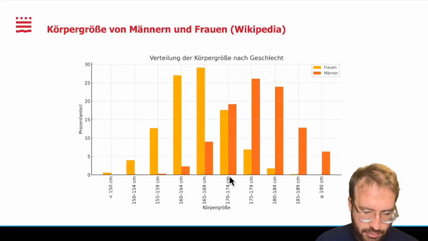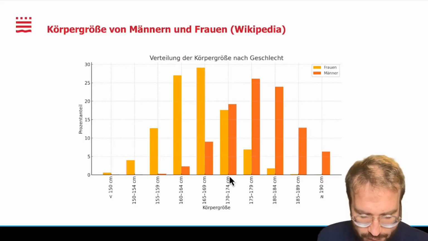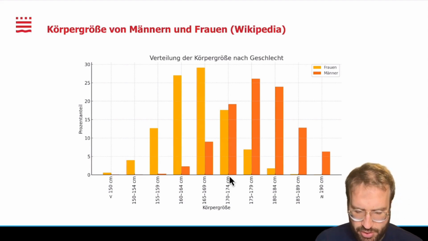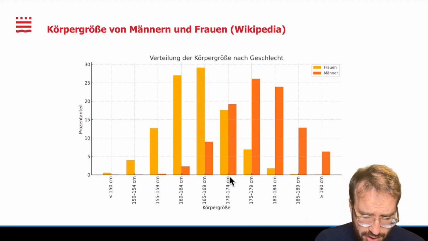And one of them is height, which you can see here. So we've divided this here by men and women. The data comes from Wikipedia, which in turn is sourced from a statistical authority.